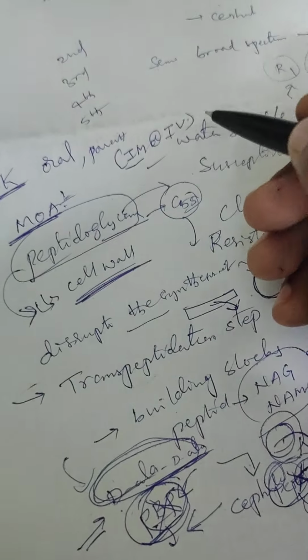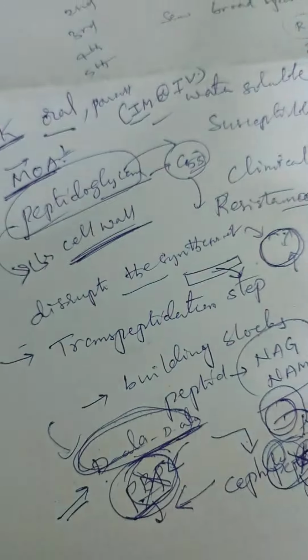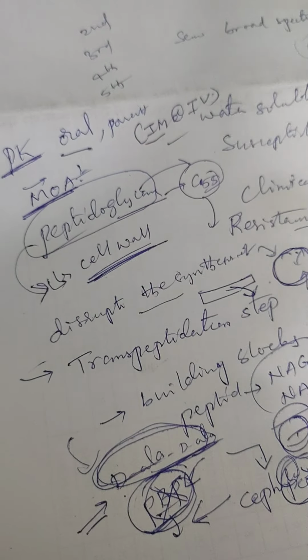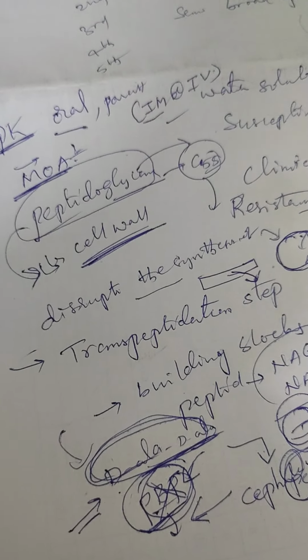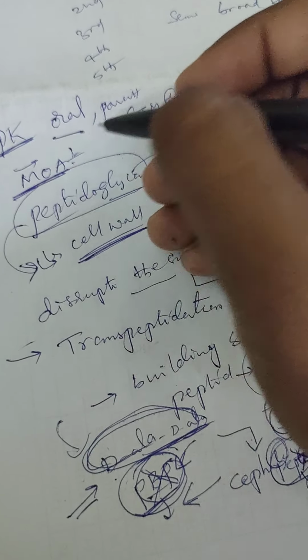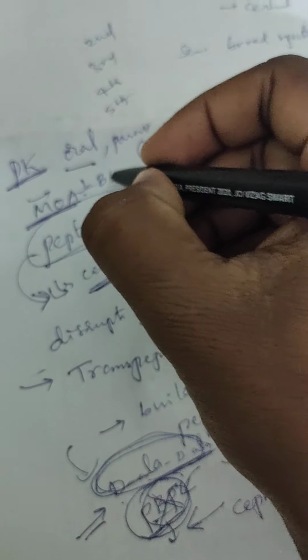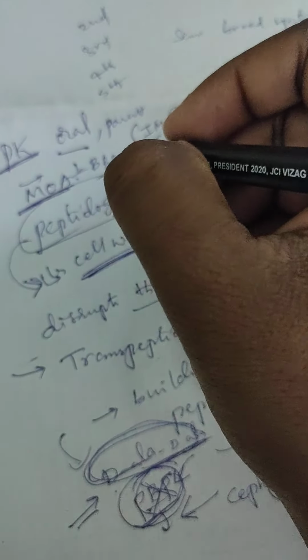Okay, this is about route of administration. Next, absorption. They are easily absorbed. After absorption they are widely distributed in the body, and they can cross the blood brain barrier easily.